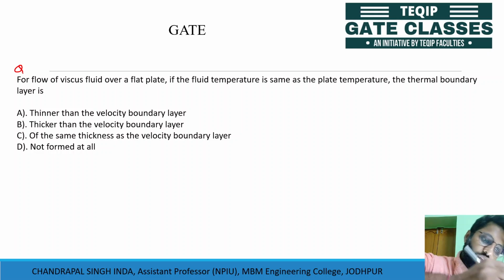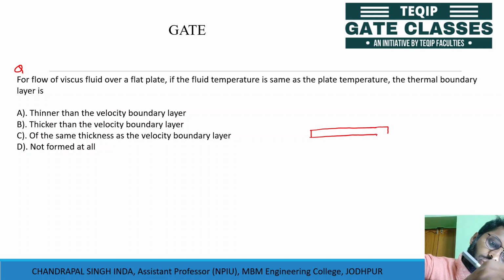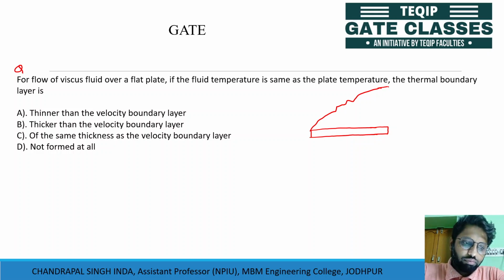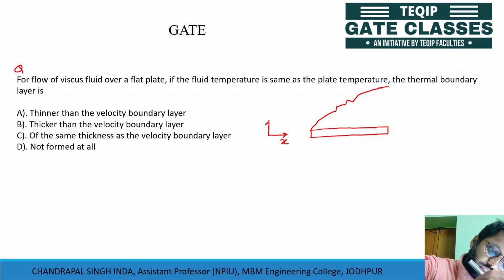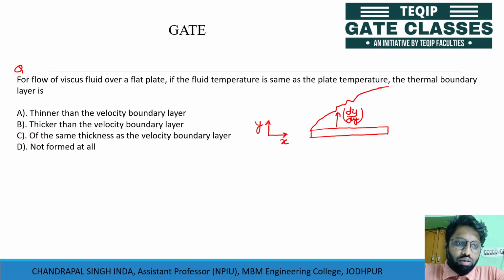Let's see what happens whenever there is a flow of fluid over a flat plate. If there is a relative velocity between the fluid and the solid surface, then definitely a hydrodynamic boundary layer will form, and it is represented like this. This is the direction of flow, the x direction, and this is the y direction, in which we have the velocity gradient. So the boundary layer is a region where we find a velocity gradient.